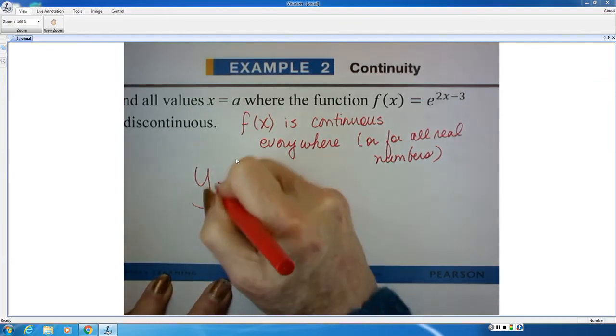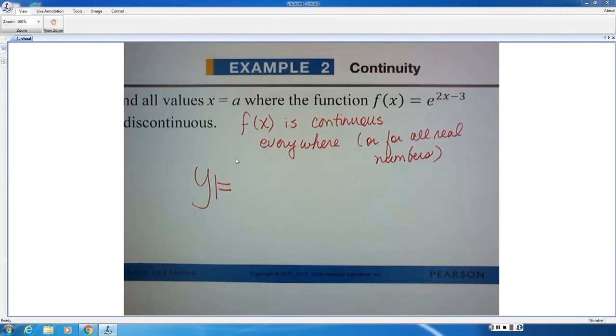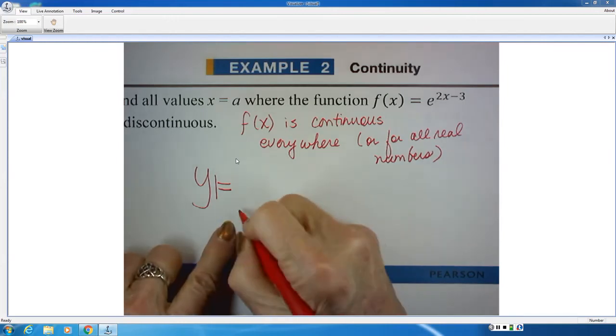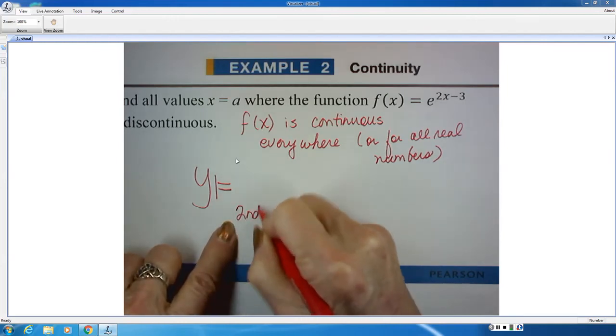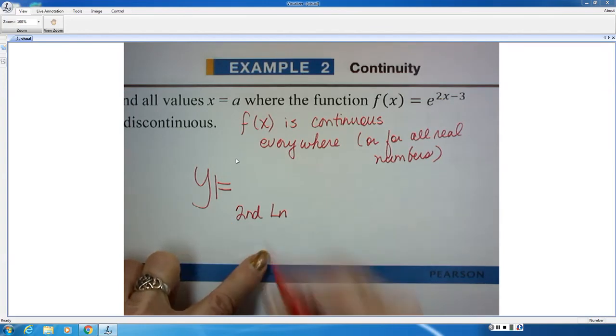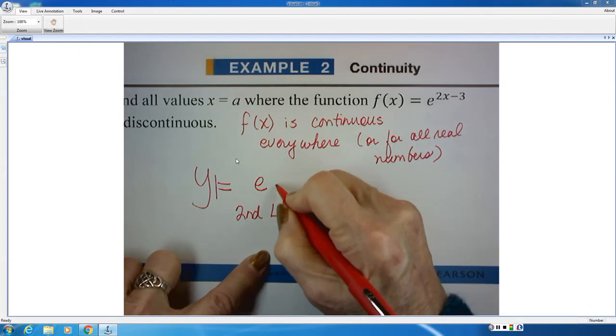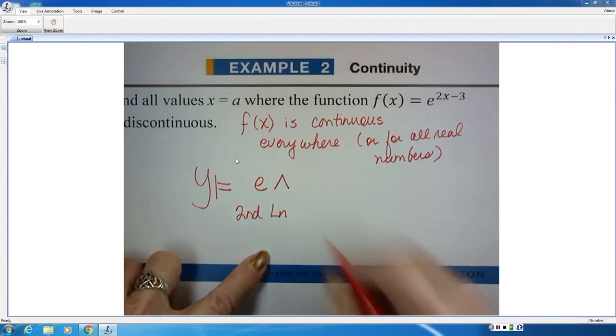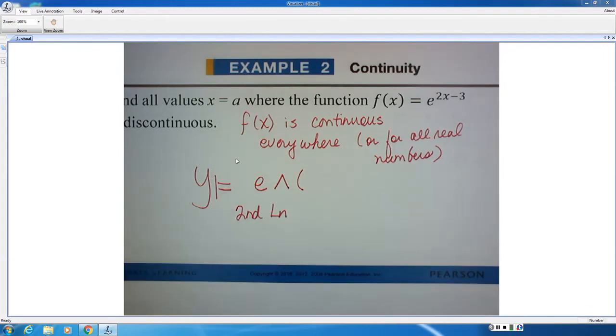You go to Y1, and the keys that you're going to hit are second and the LN key. That's how you get e. And it'll automatically give you a power sign, and it'll open a parenthesis.